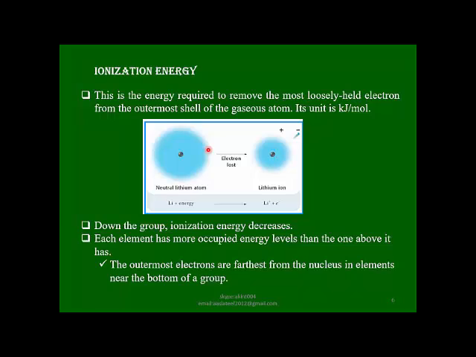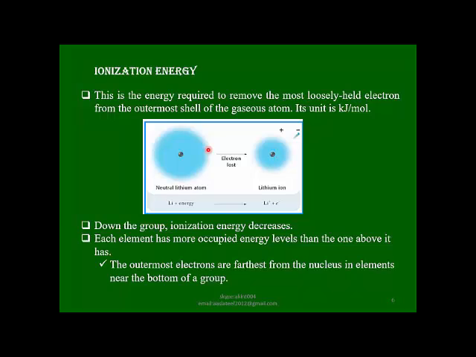Lithium, magnesium, calcium, sodium, rubidium, francium, radium, they don't lose electrons at the same rate. So the energy that is required to remove these electrons, from the outermost shell, because that is the one that takes part in reaction, is what is called ionization energy.